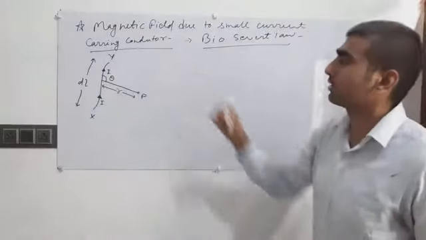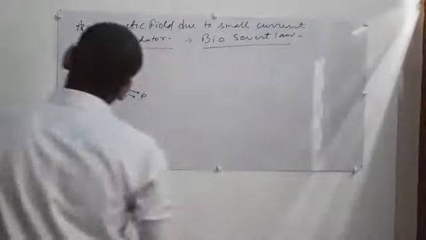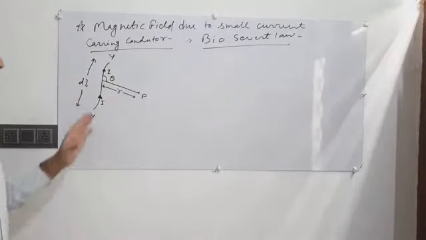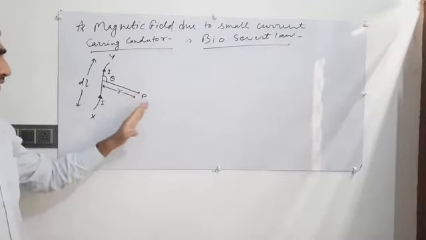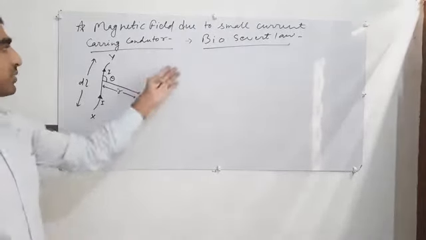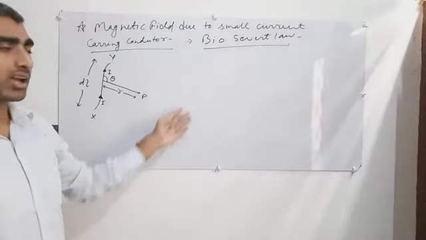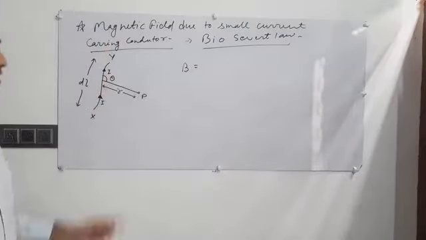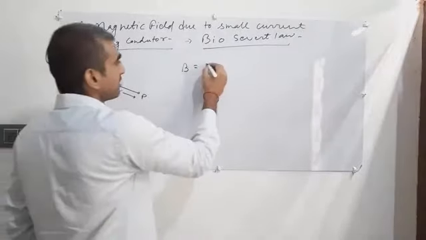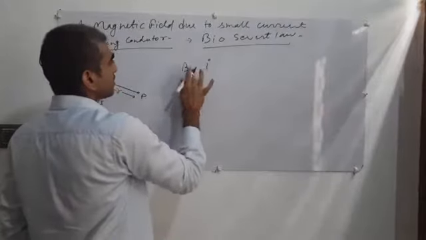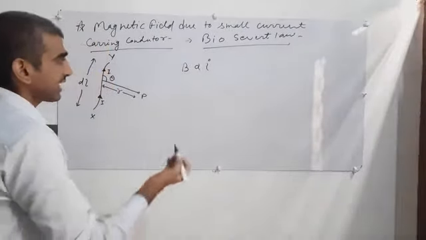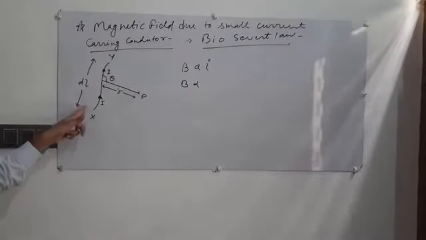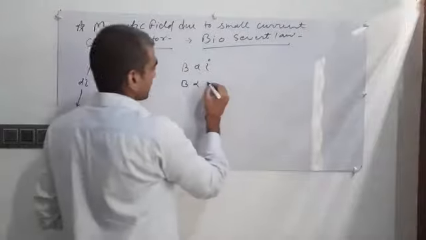Now for this, according to the Biot-Savart law, the magnetic field exerted at point P is proportional to some specific components. B is firstly proportional to the current flowing in this conductor, that means B proportional to I. Second, B is also proportional to the length of the conductor, that means dl.